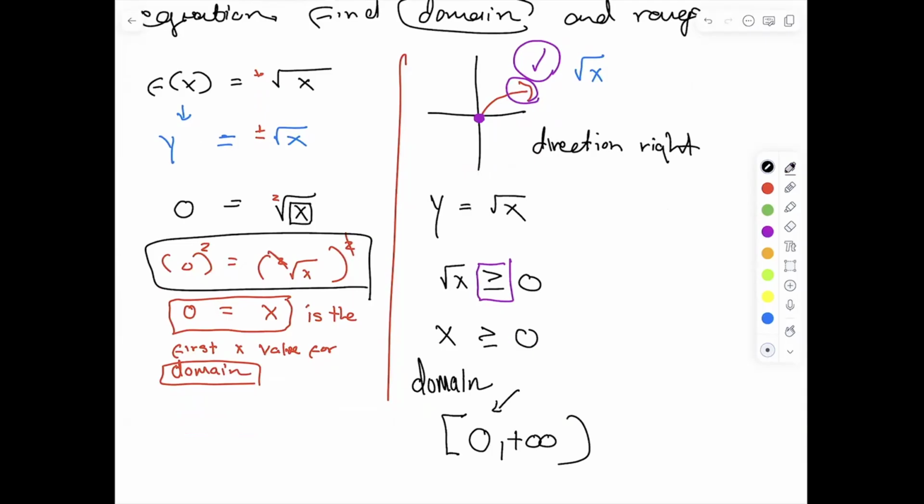This is saying all x values are greater than and equal to 0. So greater means to the right, not less than, right? So this is why, do we know where it stops? We don't know where it stops. So it's positive infinity. Since we don't know where it stops, it has to be a parenthesis. We know the zero is a bracket. So this concept is very important.